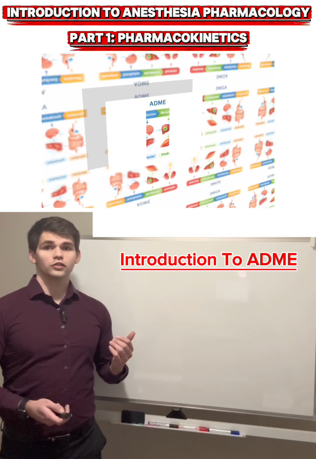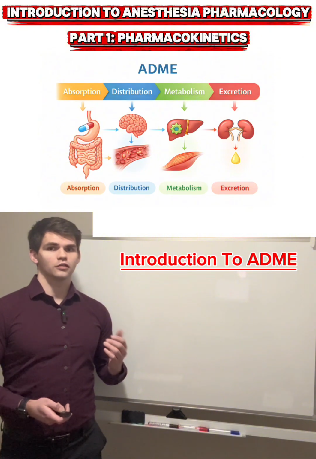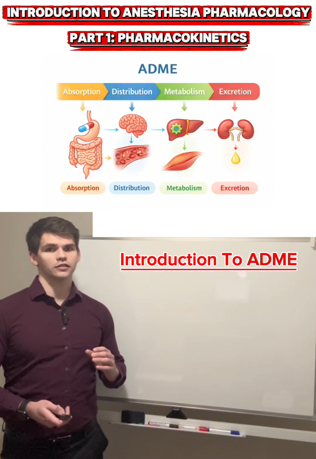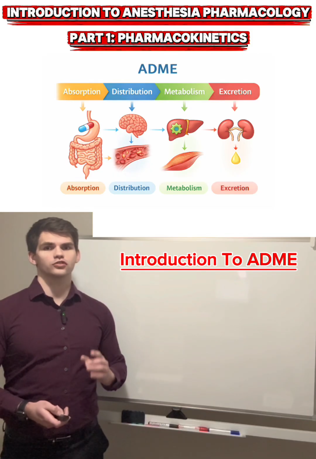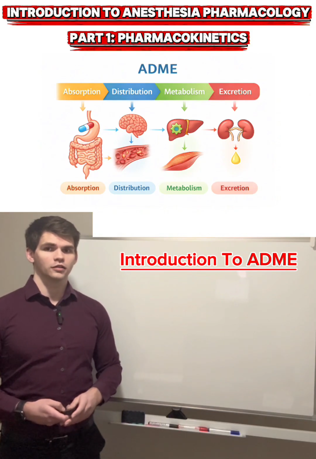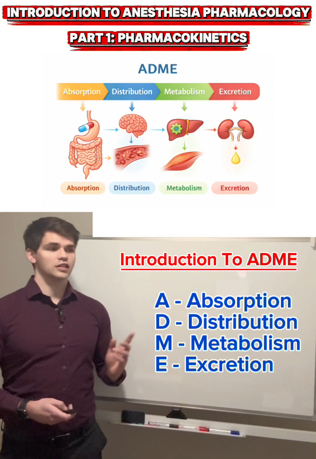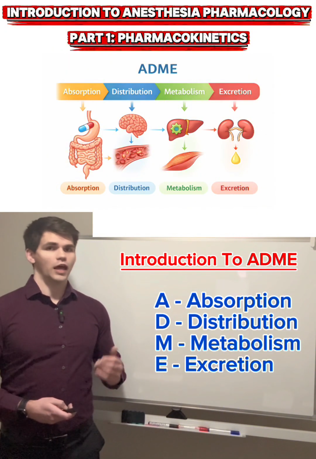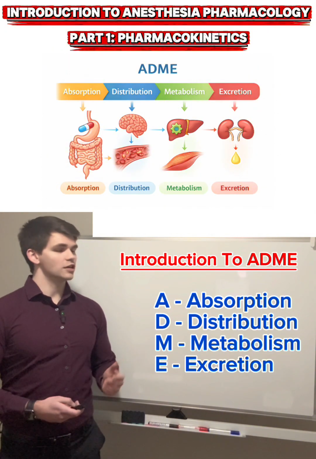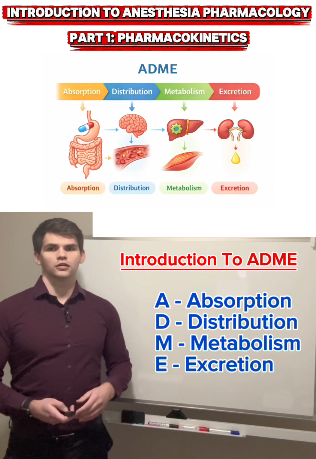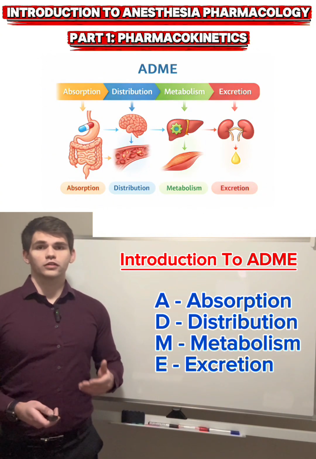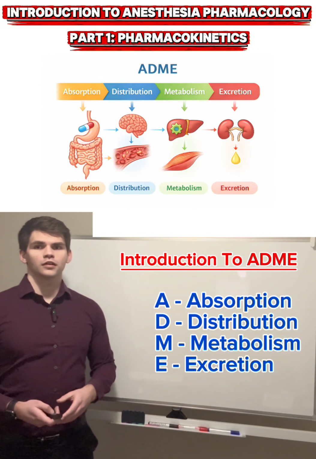So, introduction to ADME. The main framework for pharmacokinetics is ADME. This is the basic journey of the drug through the body. A is for absorption, D is for distribution, M is for metabolism, and E is for excretion. Absorption is how the drug gets into circulation.